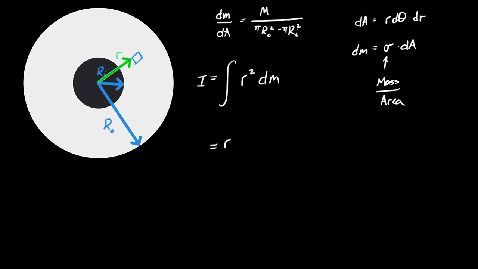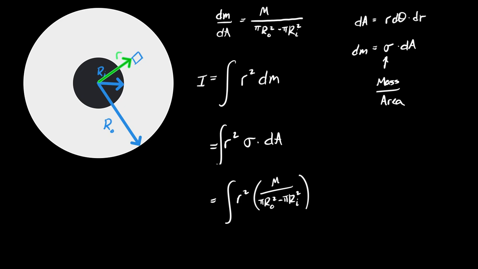We leave the r squared. We replace dm with sigma times dA. We replace sigma with m over pi r outer squared minus pi r inner squared, and replace dA with r d theta dr.